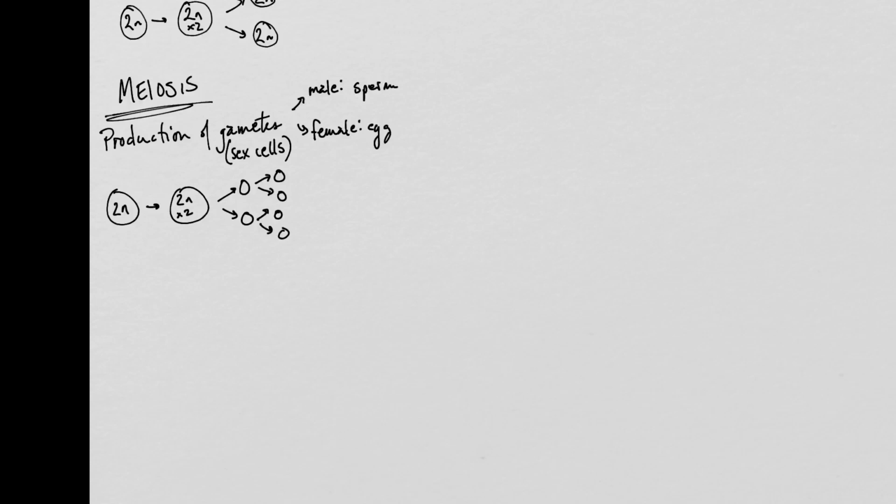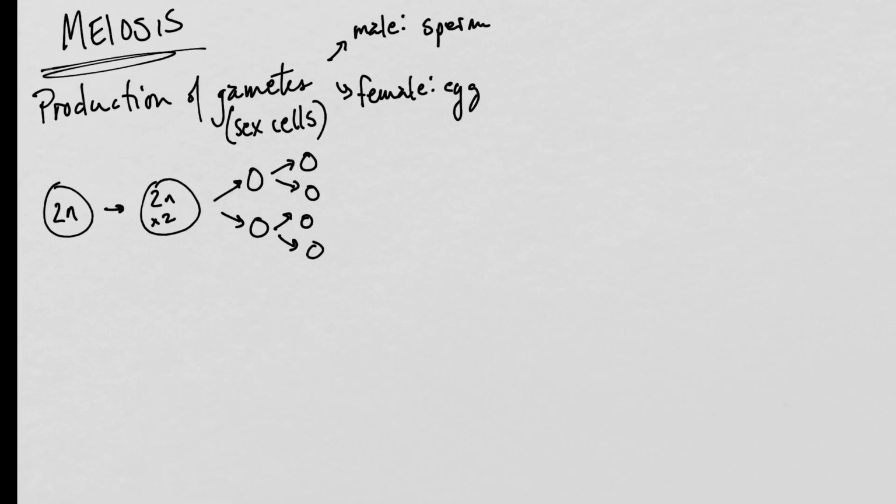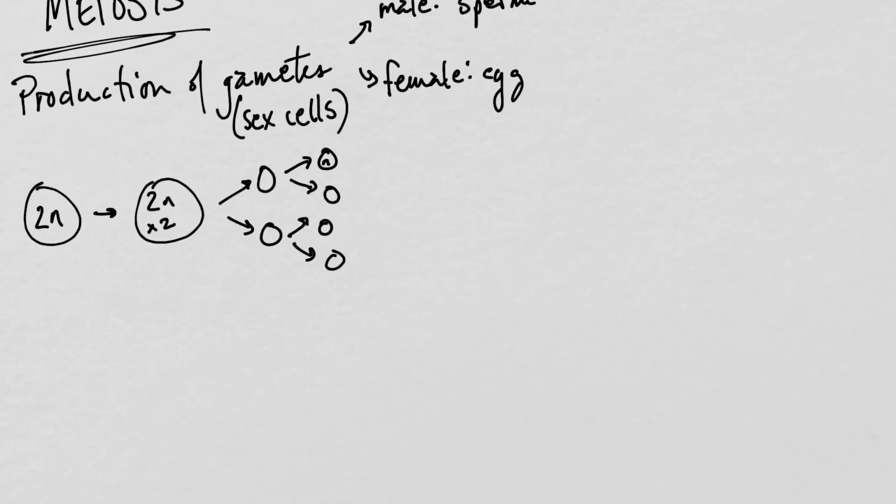Now we're going to draw a very generic meiosis. This particular process isn't exactly how eggs are formed, so we are going to just draw a very generic version of meiosis. But the point in meiosis is that each of these cells that we make only has 1 of each set of chromosomes.